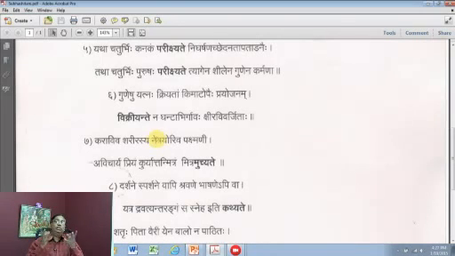Kshira vivarjitaha gavaha, dugdha vivarjitaha, rahitaha. Vivarjitaha means rahitaha. Cows which have no more capacity to give milk, which are not milch cows. What we say, barren cows, you can say.